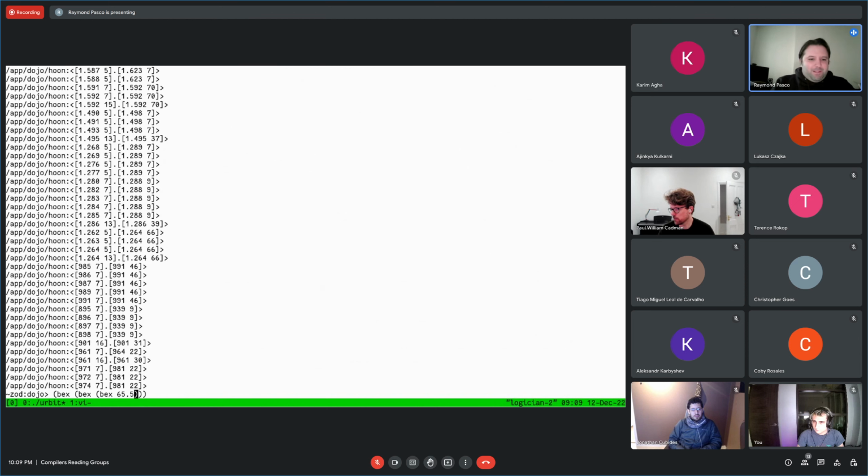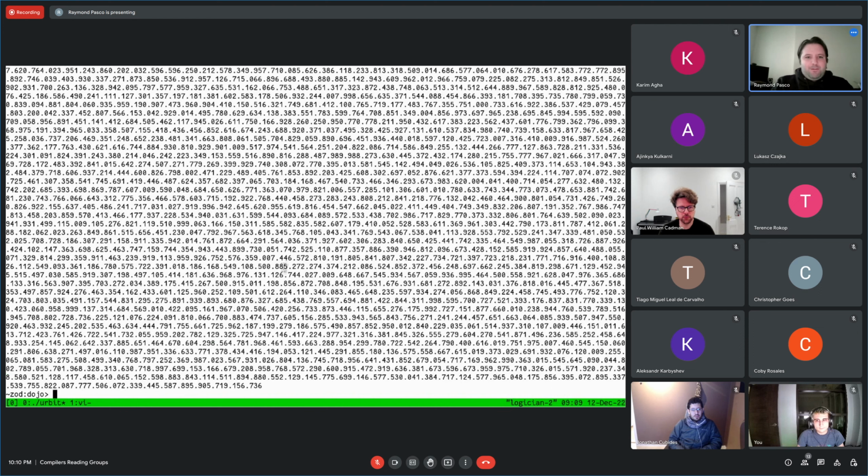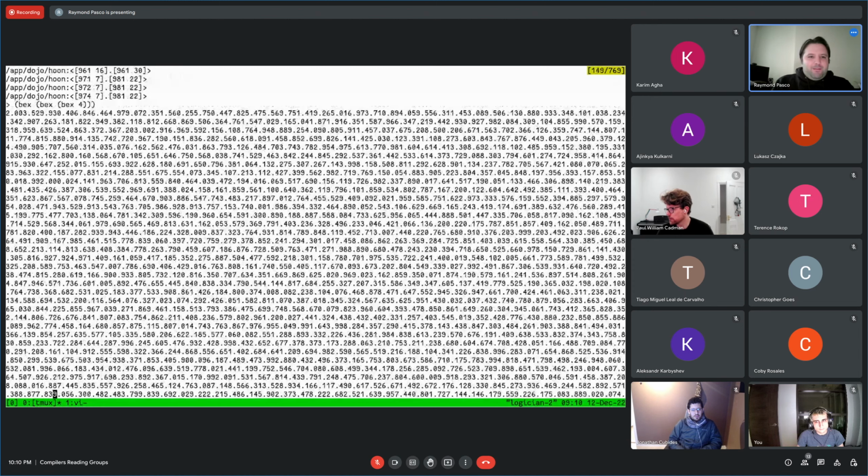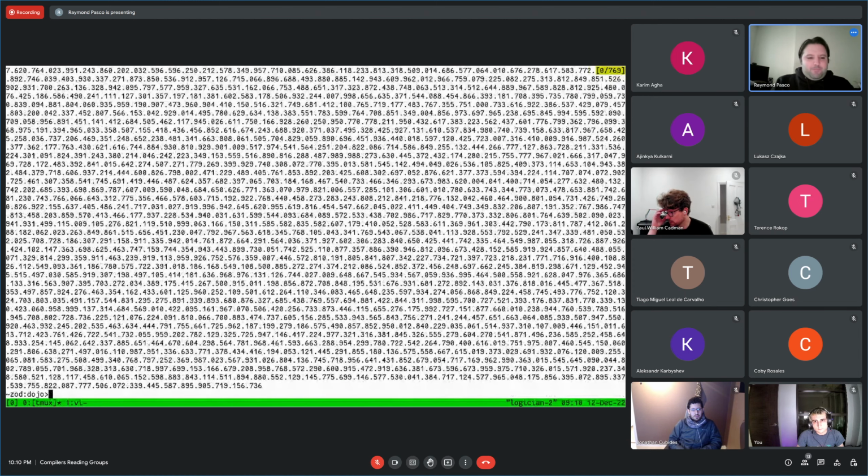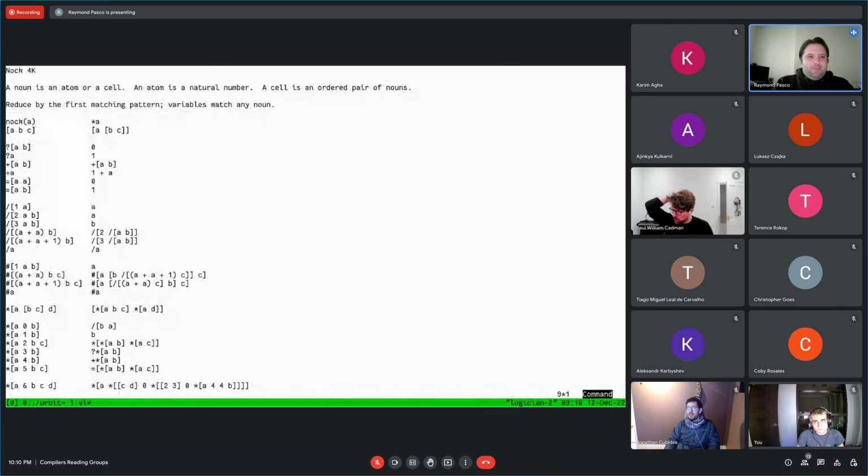Well, very large ones might crash, but that's 2 to the 2 to the 4, by the way. So bex is 2 to the X. Even very large atoms, but not large enough to actually overflow memory, are just atoms. That's just an integer. And then we also have cells, which are just a cons cell. The head is a noun, and the tail is a noun. So that's the data structure we're operating on.